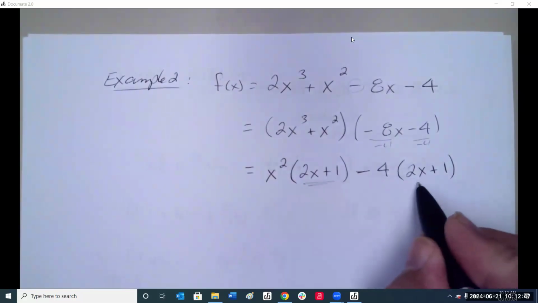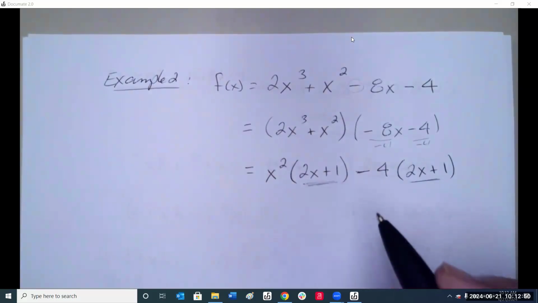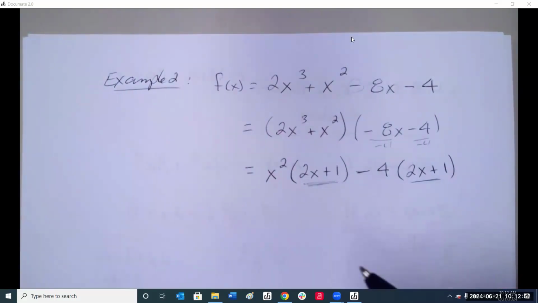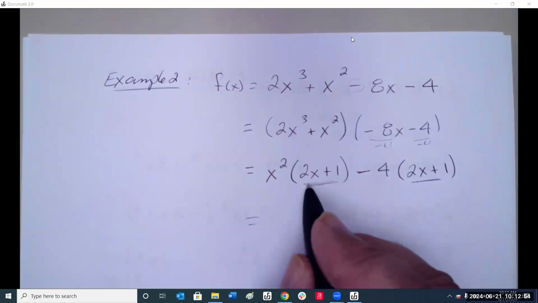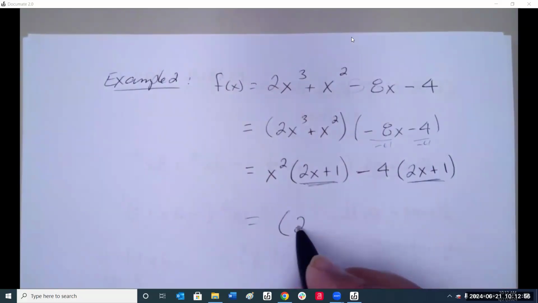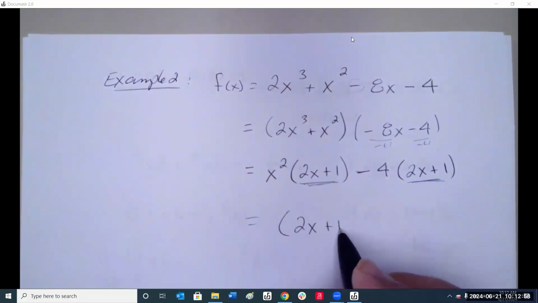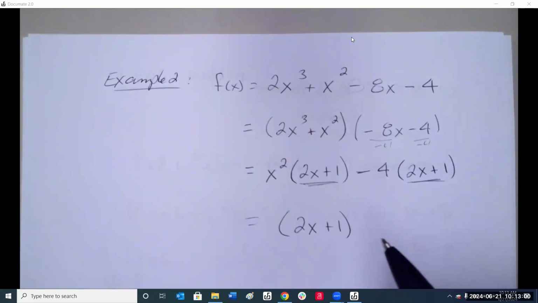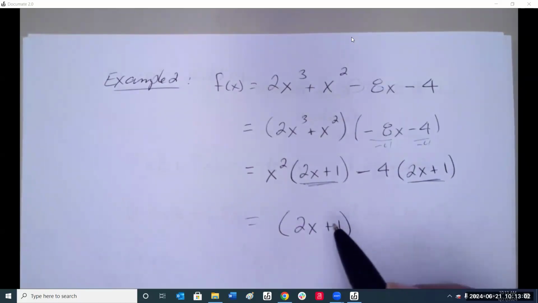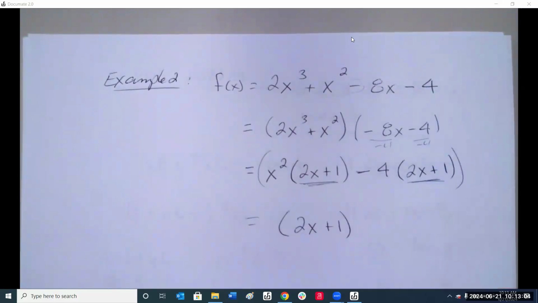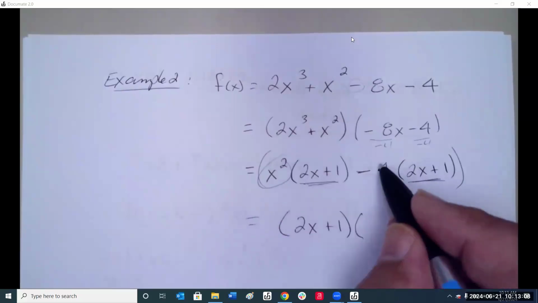Remember, this is the important part, that whatever's inside the parentheses has to be the same. Because now, since both of these are the same, I could take them out of this equation. Remember, this is one equation. I factored it out. What I have left are the coefficients.